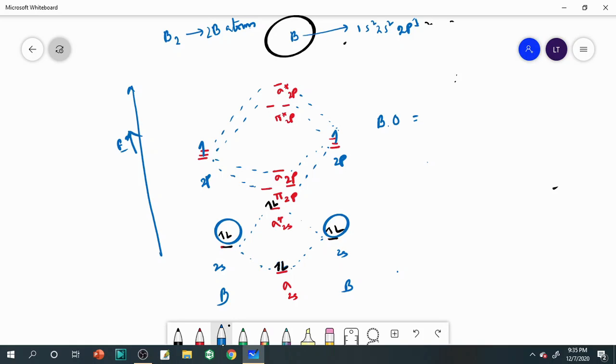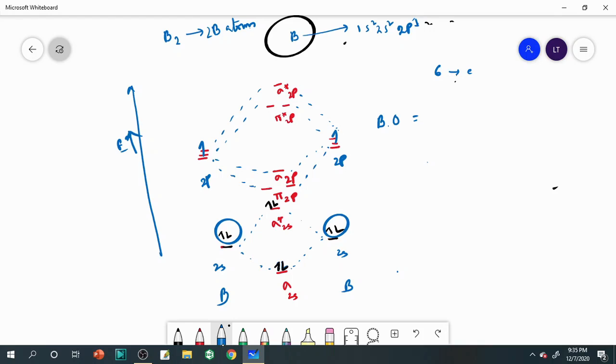So in the boron molecule, altogether how many electrons are there? The total number of electrons is 2 plus 2, that is 4, plus 2, 6 electrons altogether. Some are present in the sigma 2s, sigma star 2s, and some will be present in the other molecular orbitals.